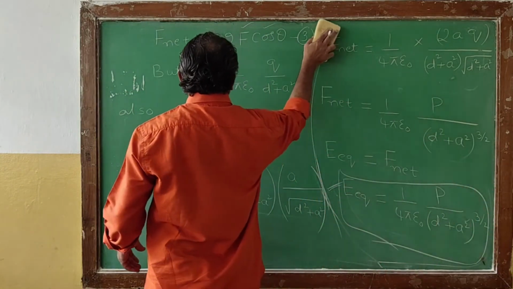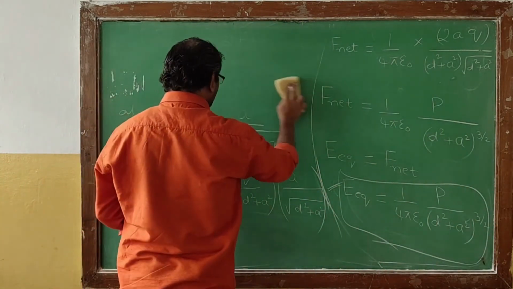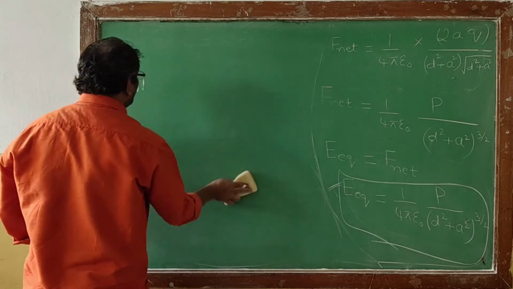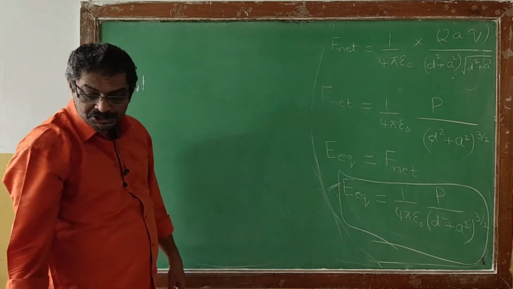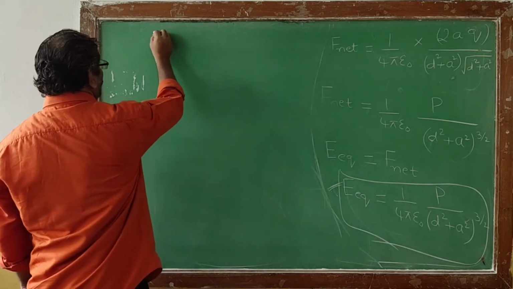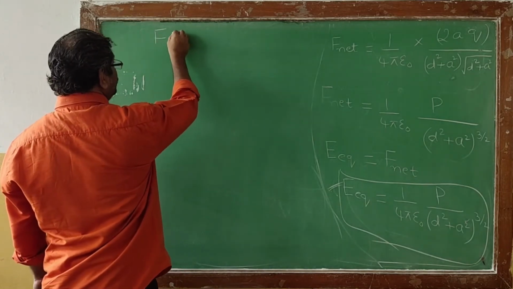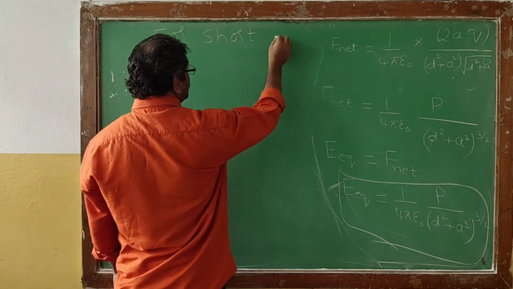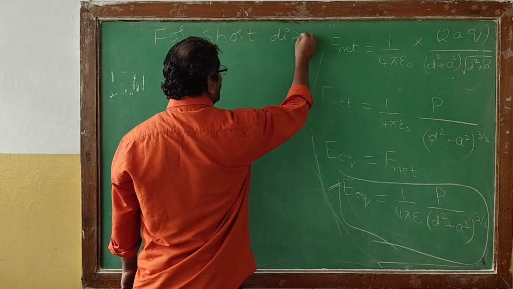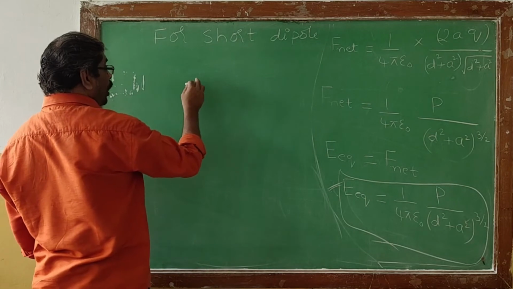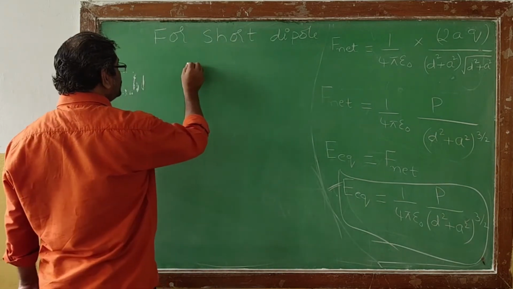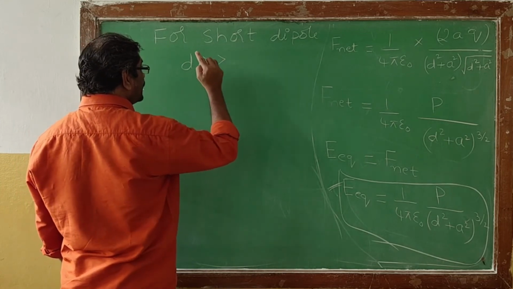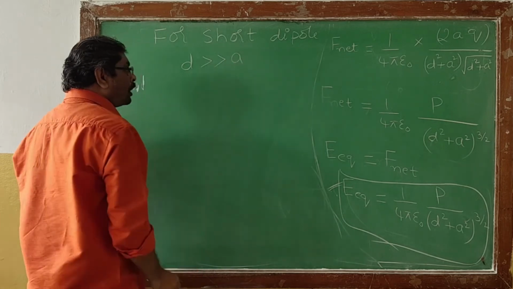So you are already familiar. What is the condition we got for the shorter dipole? Remember from my previous lecture, for a short dipole, the external distance d will be greater than small a.